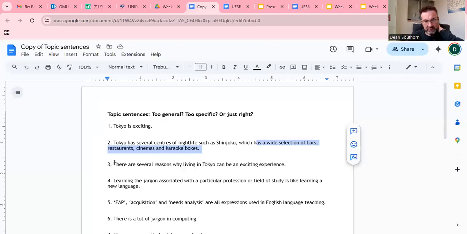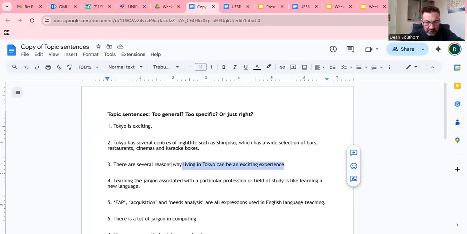But then a nice bit of balance. So we've got the topic. There are several reasons why living in Tokyo can be an exciting experience. The topic of this topic sentence is living in Tokyo can be an exciting experience. And then that needs to narrow.